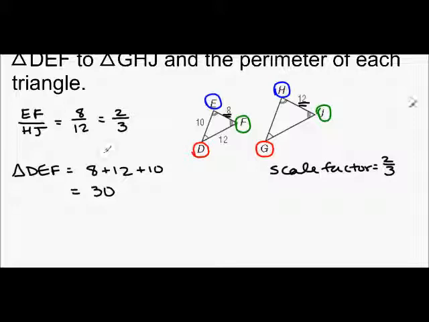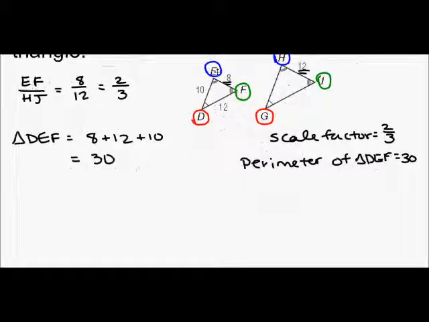Okay, now there are 2 ways to find the perimeter of triangle GHJ. So perimeter of triangle DEF is 30. The first way is to find each side and then add them up. So let's try that. I know that ED goes with HG.